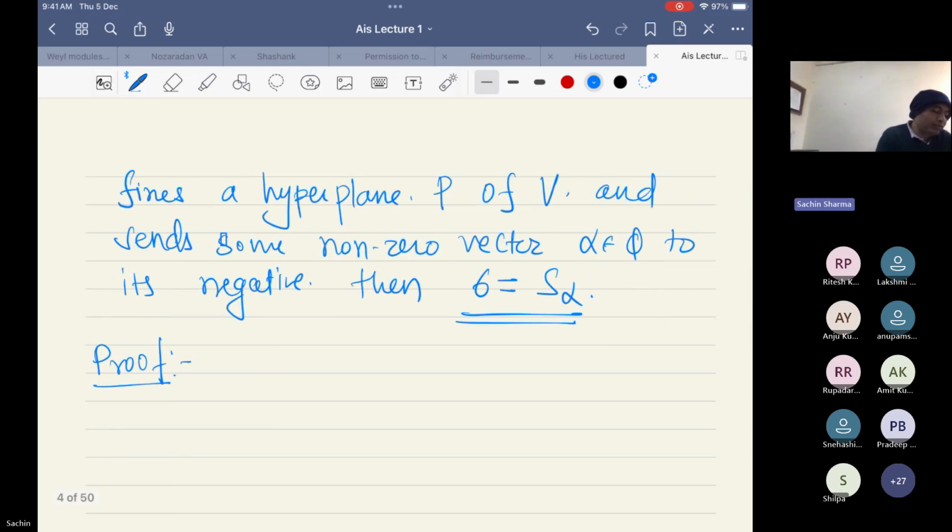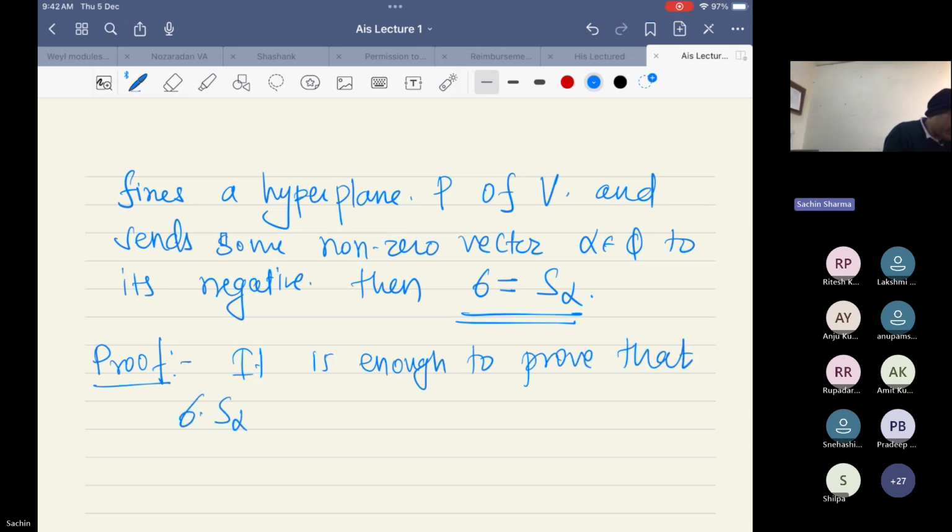So how will you go through? Suppose we prove it, it is enough to prove that sigma of S alpha is identity on V. Would it suffice?